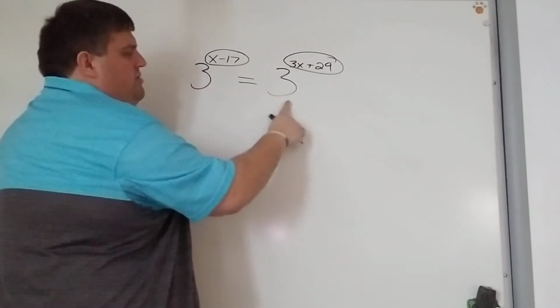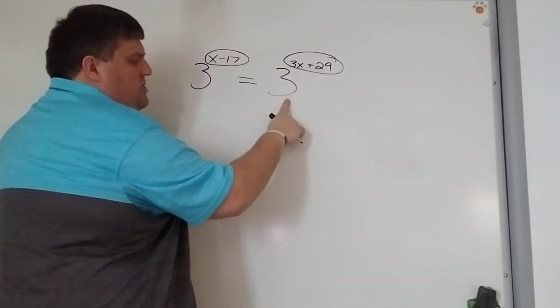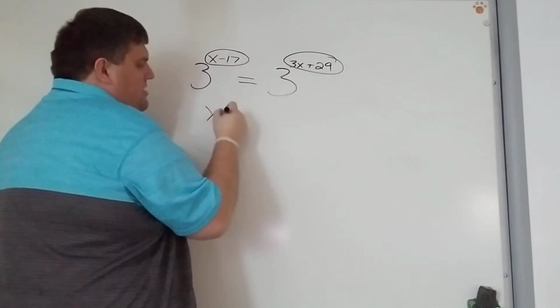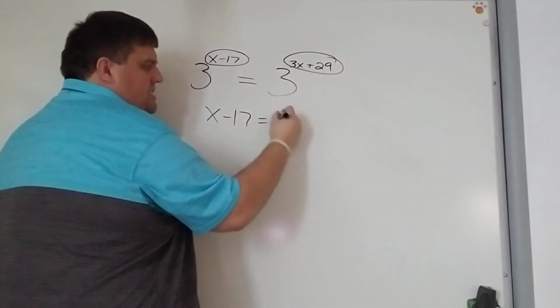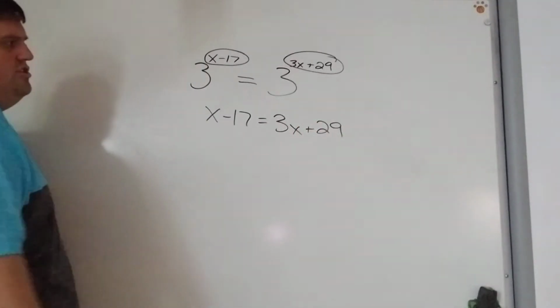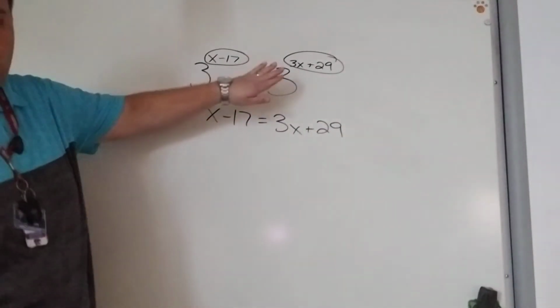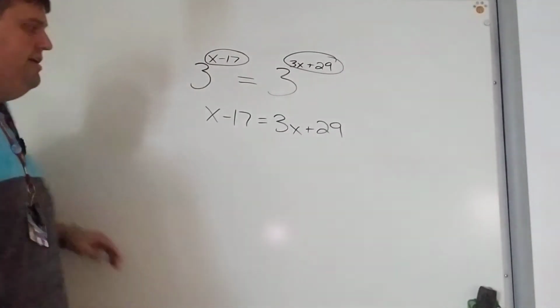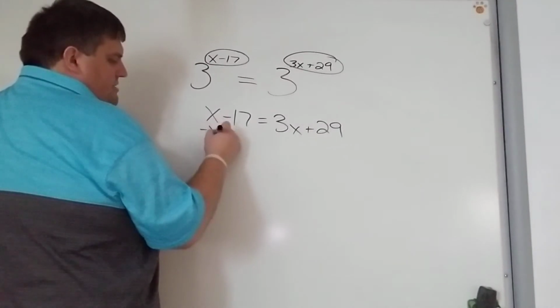Well, as soon as you get these bases to be the same, we're just going to drop the bases completely and set this equation up with just the exponents. Like that. Literally, because they're both a 3, we can get rid of that, use the exponents, set those equal to each other, and then solve for x.